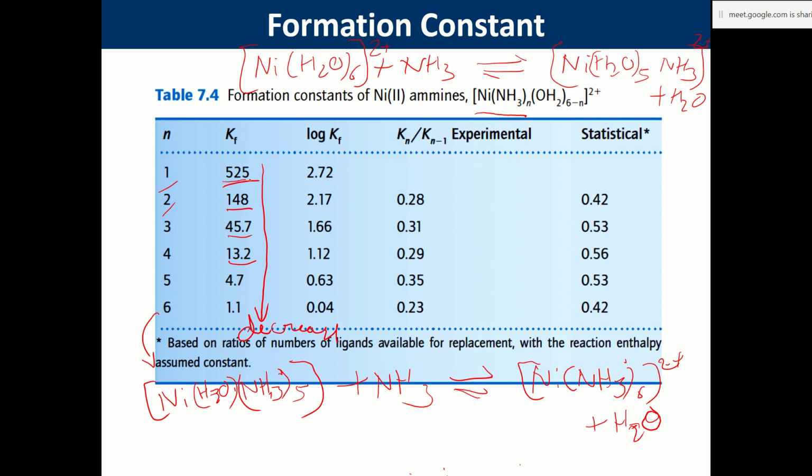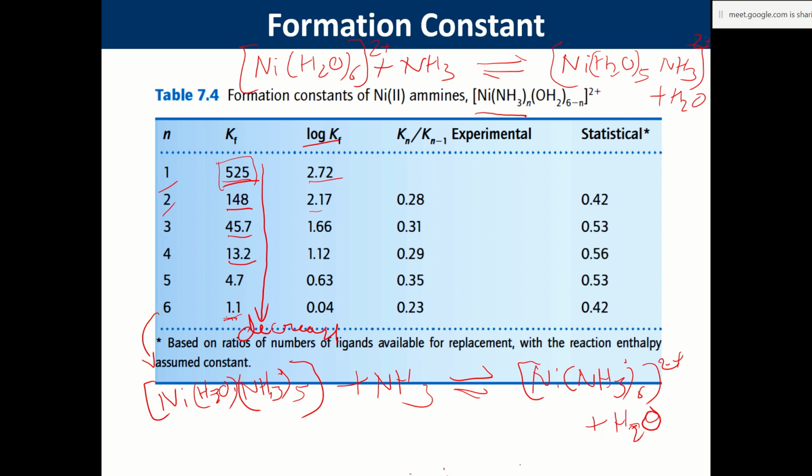The first stepwise constant has the largest value, then it decreases and goes on decreasing till 1.1. So 525 to 1.1, that's the order. You can take the log and it will appear as the power to the 10. Okay, so this is how you obtain it.